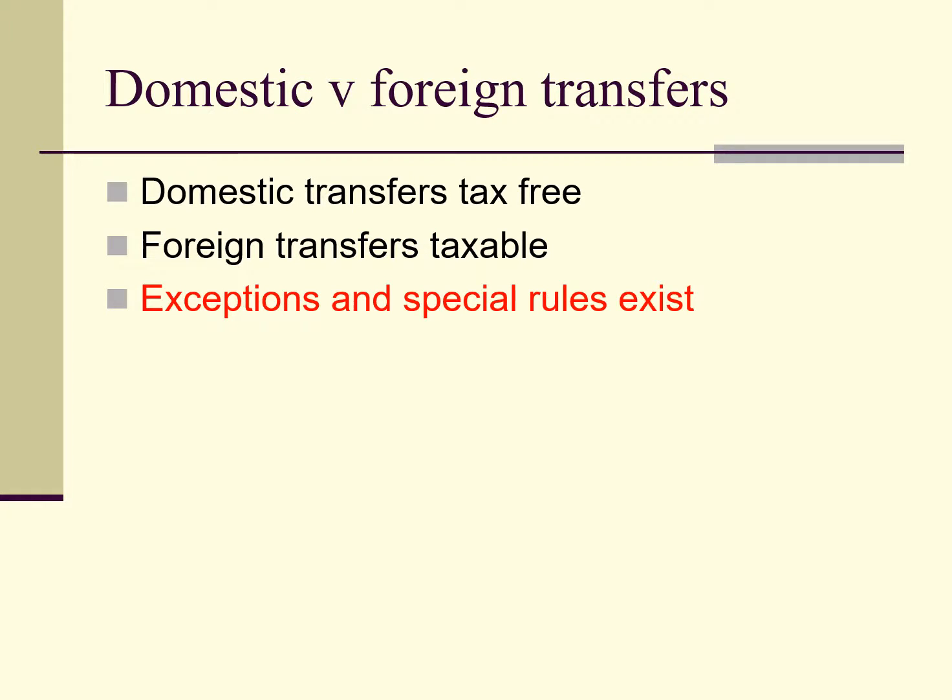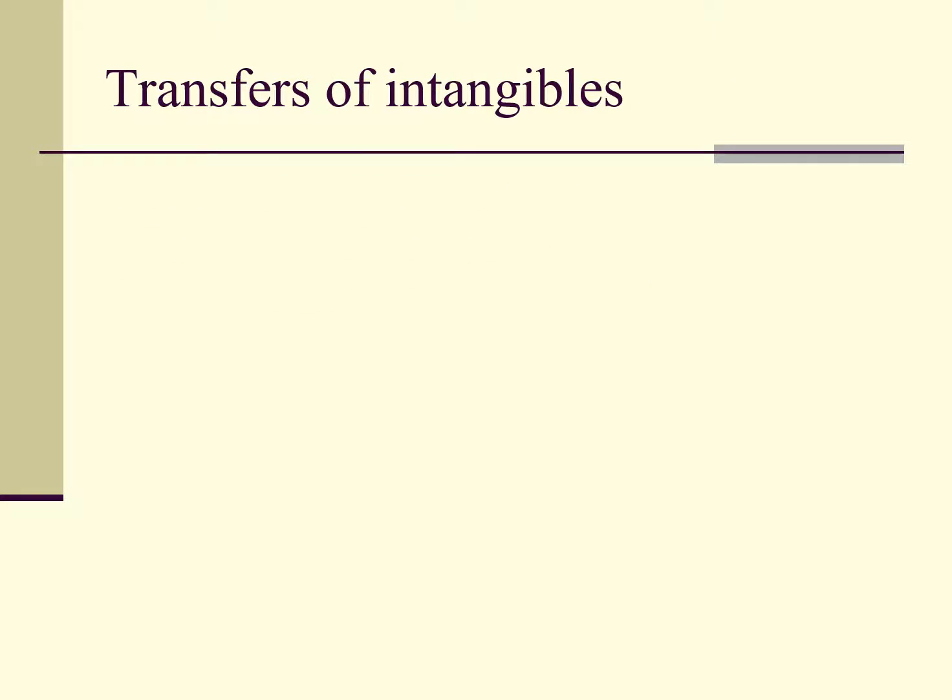There are some exceptions to this rule, and there are special rules. These are discussed in the text at 13.02. Most transfers to foreign corporations are immediately taxable, but a special rule applies to transfers of intangibles.